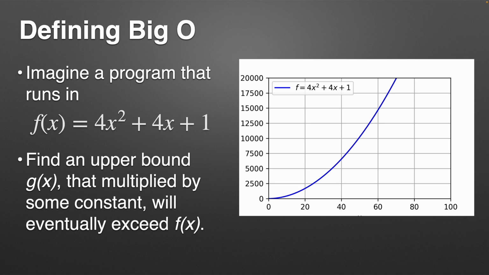The idea is that we want a g of x that we can find a pair of constants, that we can multiply g of x by, and it will eventually exceed f of x. Because at the low end, things might be different. But as the value of the input gets higher and higher, is what we care about. So as that limit goes towards infinity, we want a function that will exceed this function.